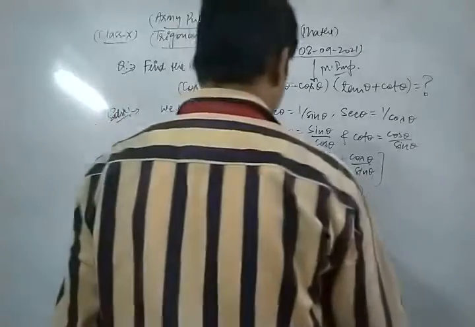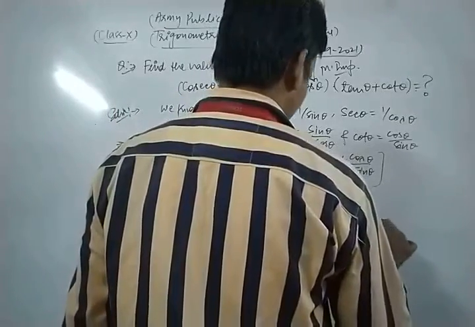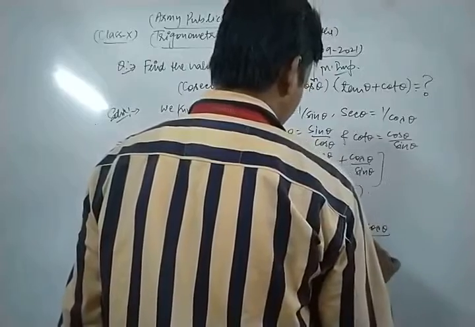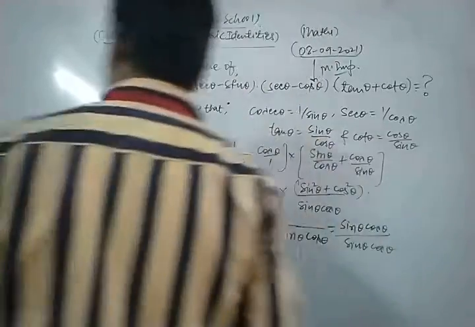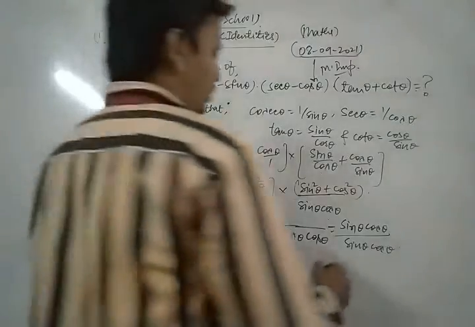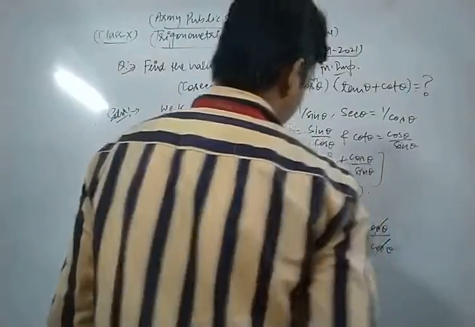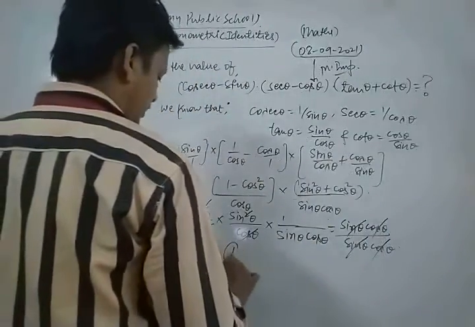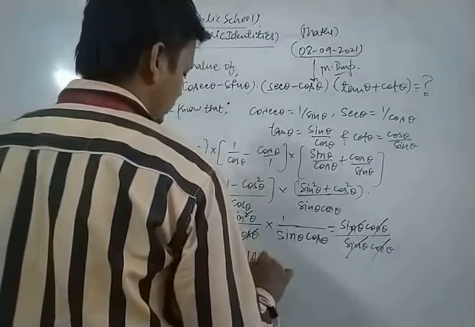So we get sin theta into cos theta upon sin theta into cos theta. Sin and cos cancel each other, so the value is 1. Hence this is your required answer.